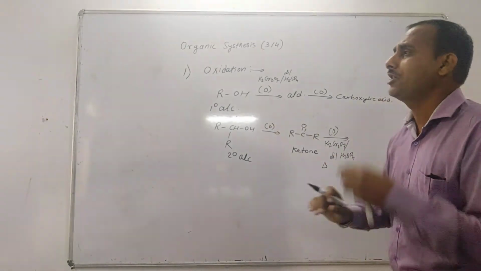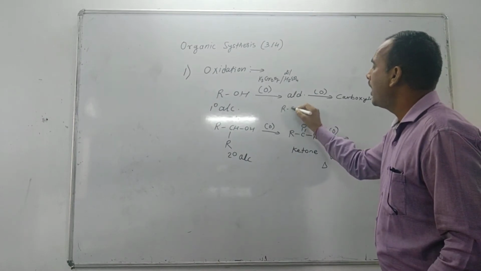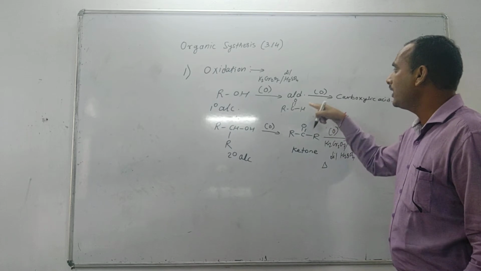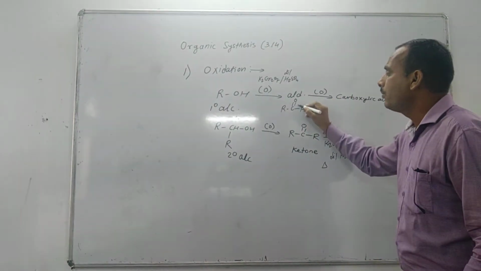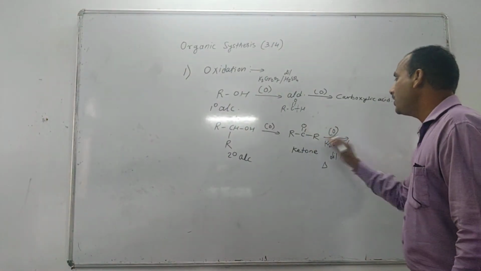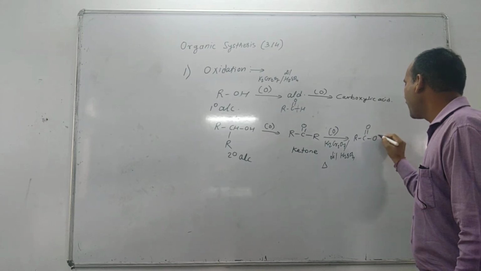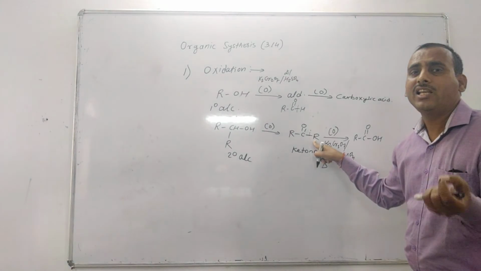At the drastic condition, see here, in case of aldehyde, RC double bond OH. In oxidation of aldehyde to carboxylic acid, there is breaking of a CH bond, but in oxidation of ketone to carboxylic acid, there is breaking of this carbon and this alkyl carbon.